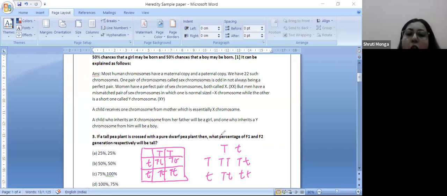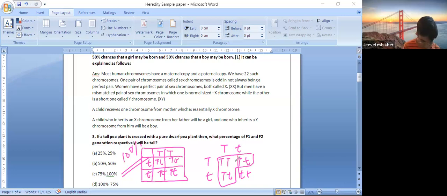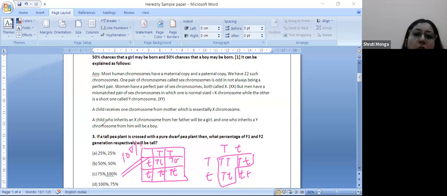So how many? Here 100% plants will be tall, and here 75%. Okay, so simple, right? Next question. So the correct option is option D.